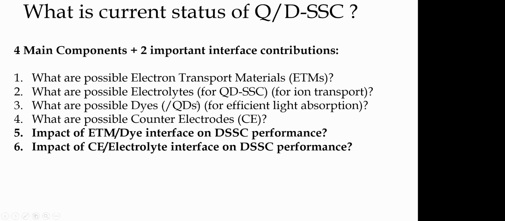What are the possible electrolytes for efficient ion transport to compensate the electron or hole in the valence band of these sensitizers, like dyes or quantum dots? What are the possible dyes or quantum dots for efficient light absorption? Then what are the possible electrodes?